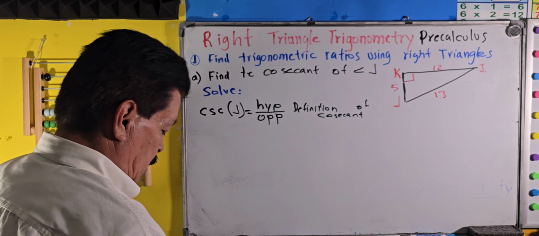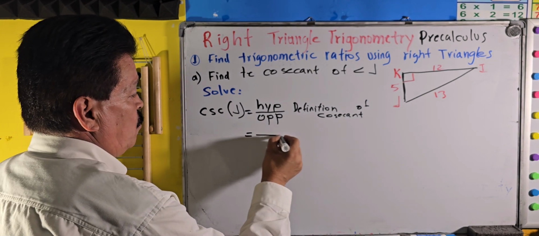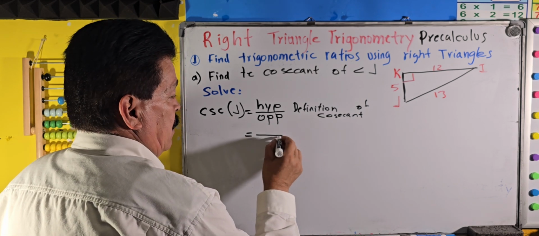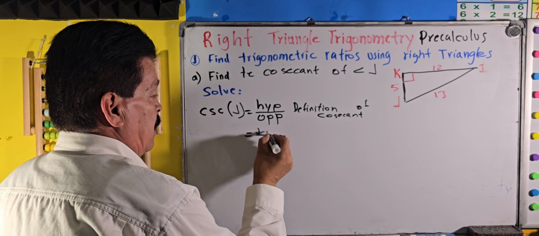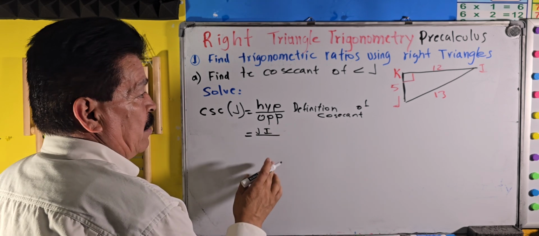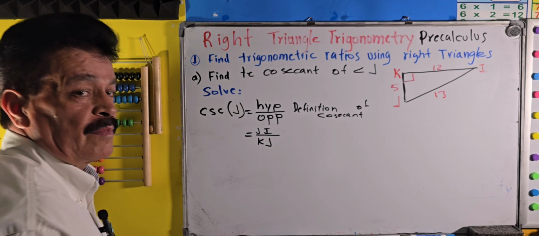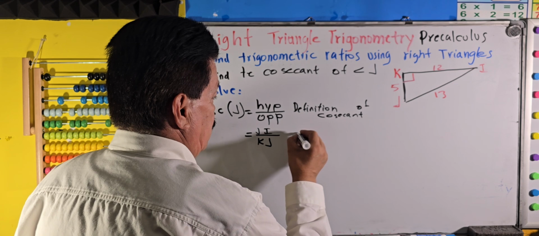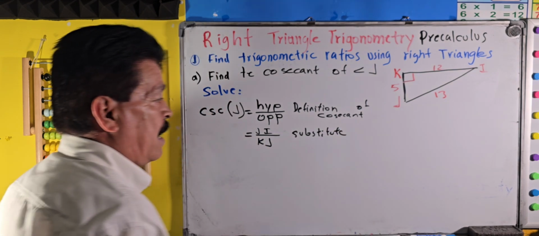All right. So next step, we substitute the variables here. What is the hypotenuse? The hypotenuse is JI. Divided by the opposite, which is KJ. See? So this is the substitution.